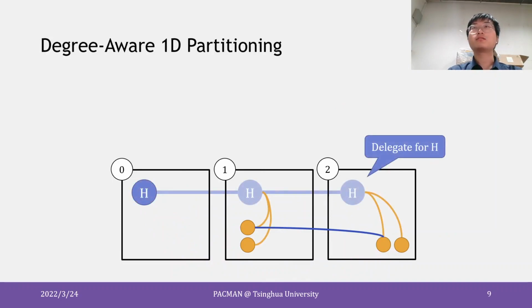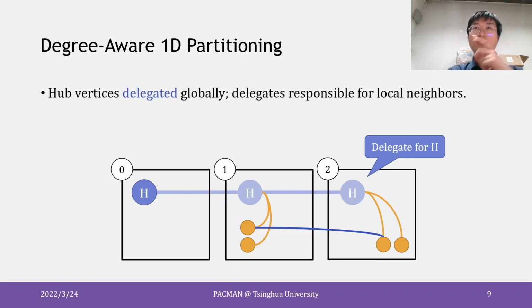A commonly adopted optimization is to delegate the hub vertices among all nodes. The delegates are responsible for updating their local neighbors. With such a modification, the edges on a hub vertex are divided among all machines into those orange local edges, resolving the load imbalance issue.